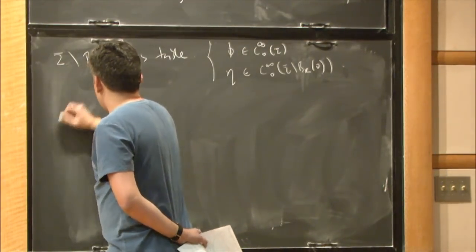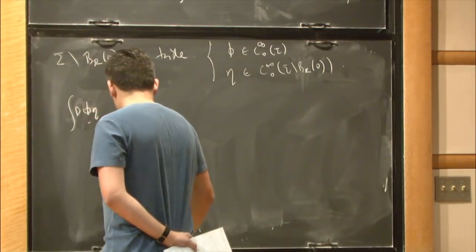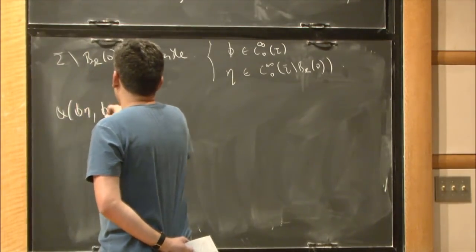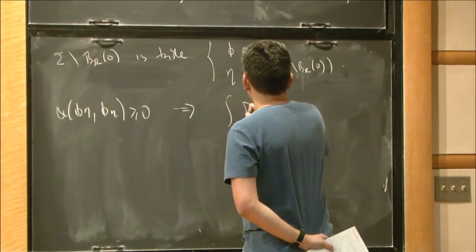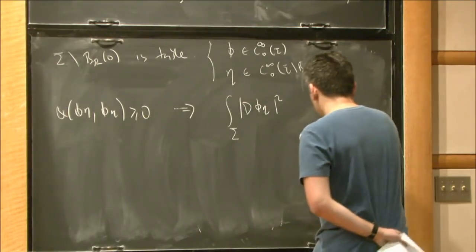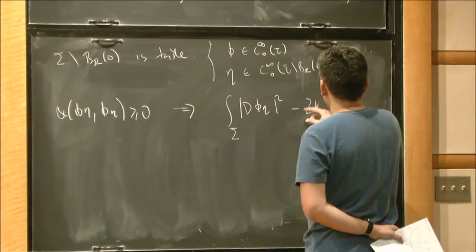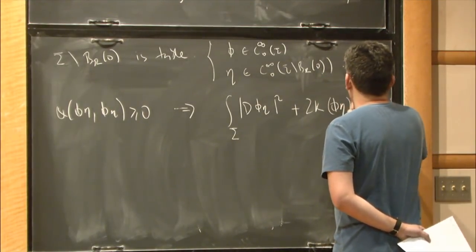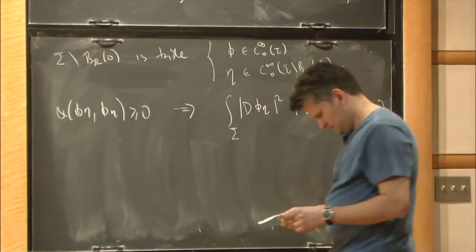So this satisfies the stability inequality. So Q of phi eta is greater than or equal to 0. If we write down what that means, we get the integral of phi eta squared sigma greater than 0.